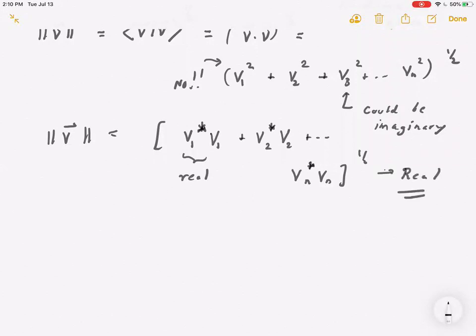Okay, so what about the dot product of u with v? That's the same as the inner product of u with v. Again, we're using Dirac notation here. Here's the ket, here's the bra.